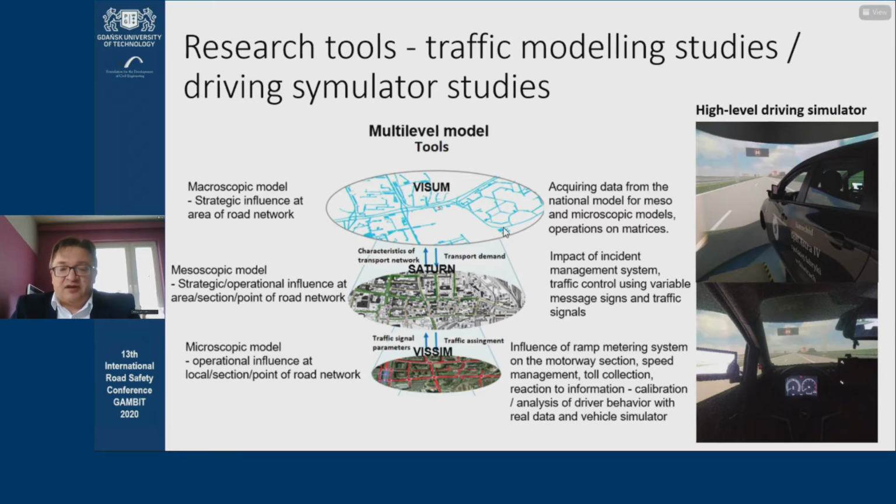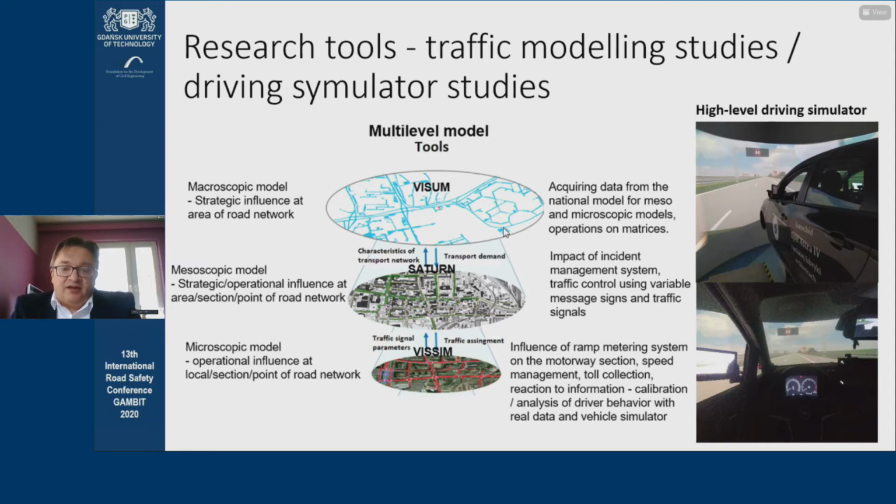With these models, we acquired data following the surrogate safety assessment model. In that model, we compare vehicle trajectories to see if specific threshold values or boundary values are reached. For example, if vehicle trajectories are too similar, it means that there may be a traffic conflict.